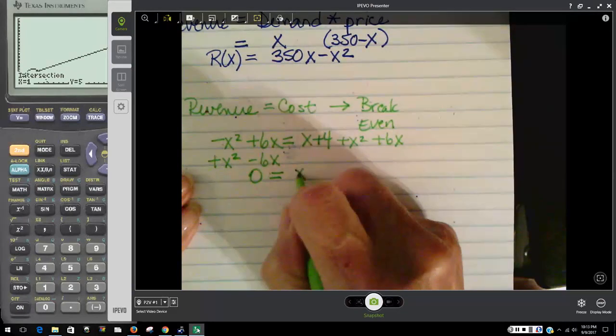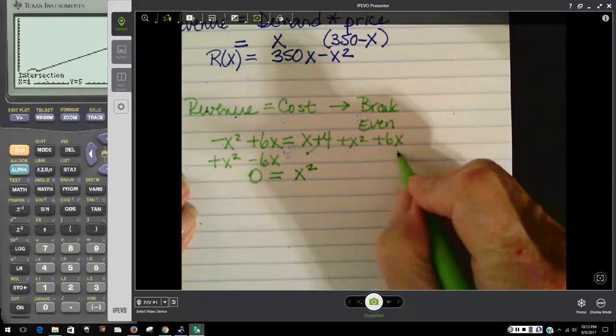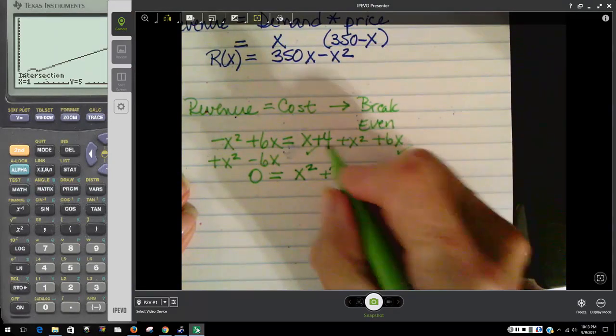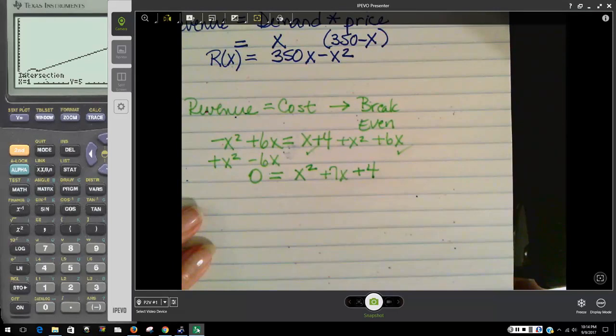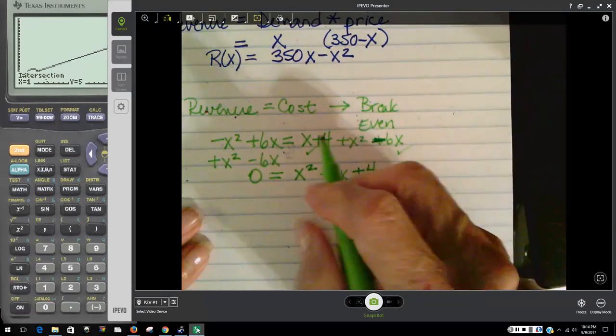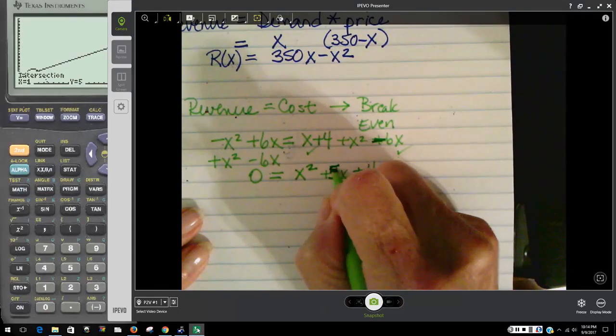Let's put the x squared first. x plus 6x is 7x. And the last is the constant, which is 4. I'm sorry, that's supposed to be minus 6x. And so x minus 6x is minus 5x, not 7x.